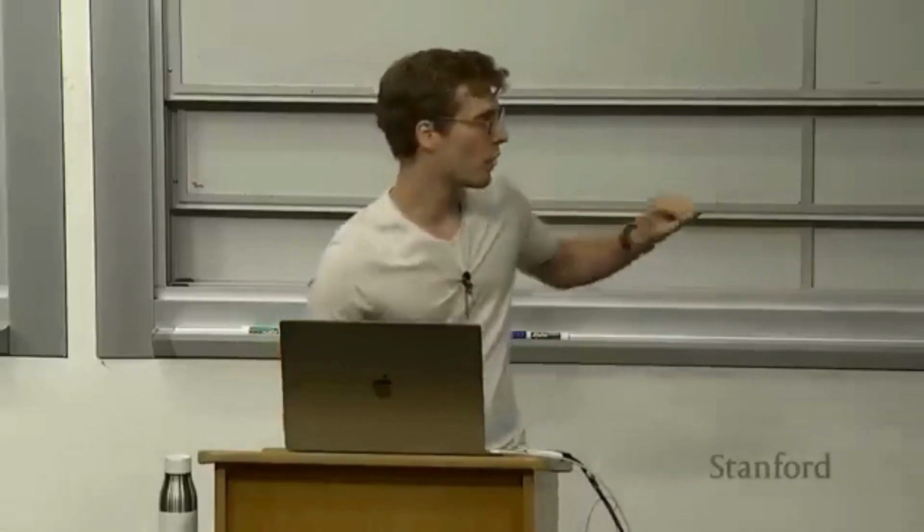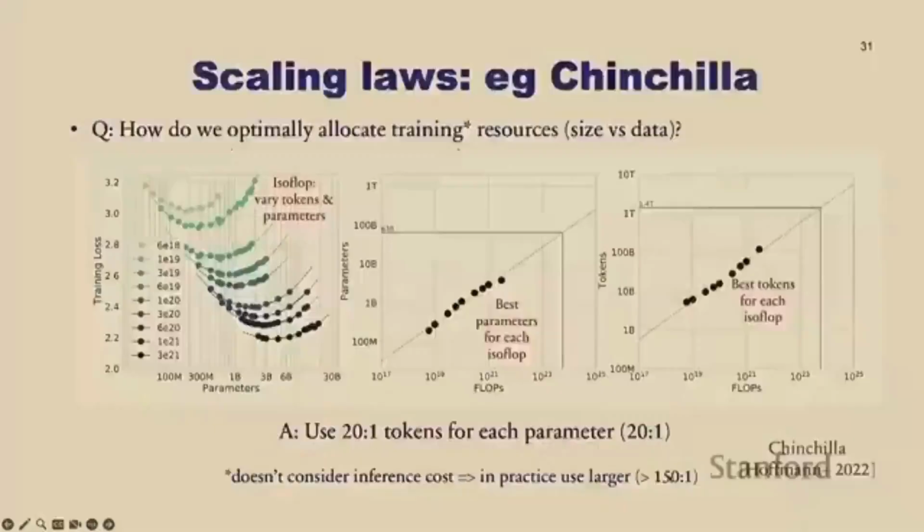So if you consider the inference cost, other papers try to show that it's around 150 tokens per parameter, because you prefer having a smaller model, since over time you're going to spend less money on inference. So 150 to 1 is around what the best models are trained on right now, at least the ones used in practice in production.